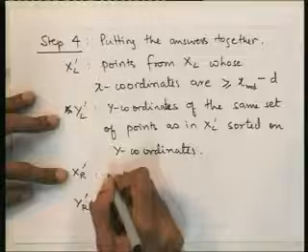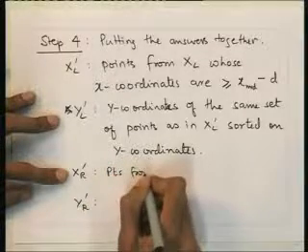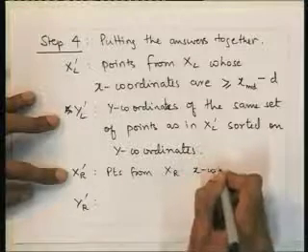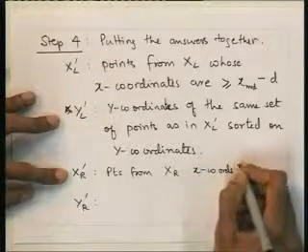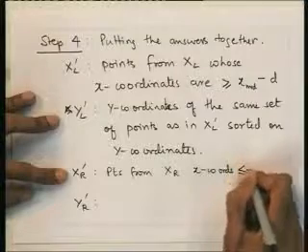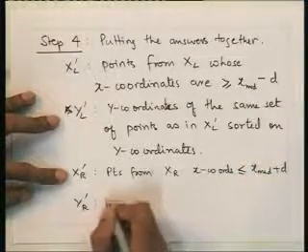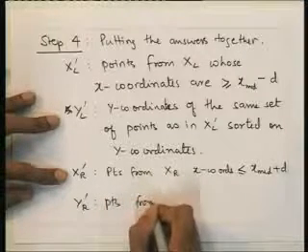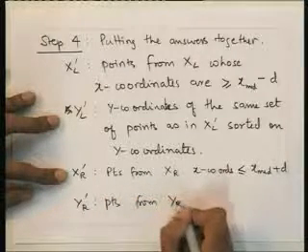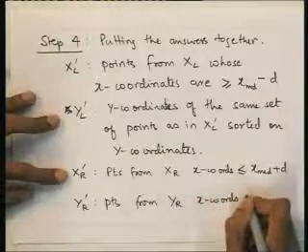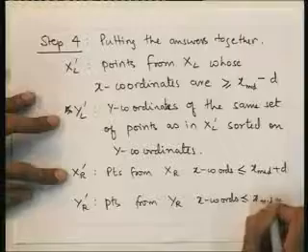XR prime will be points from XR with x coordinates less than or equal to x median plus d. YR prime is the points from YR with x coordinates less than or equal to x median plus d.